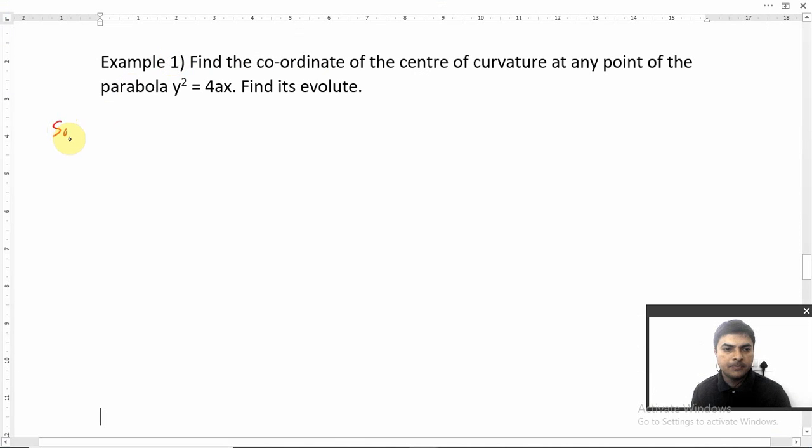So write down the solution. So the solution goes like this. If you take y square is equal to 4ax, just differentiate this with respect to x.